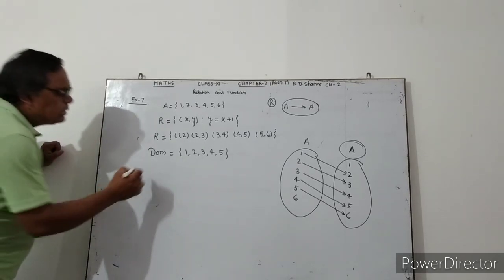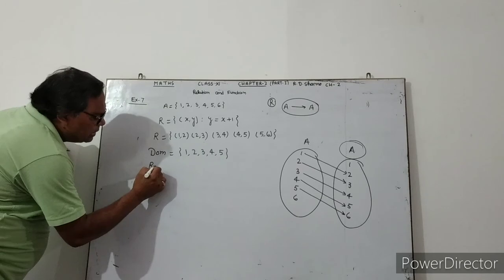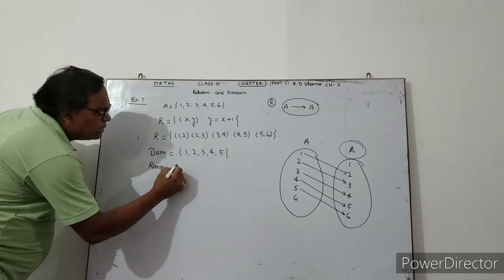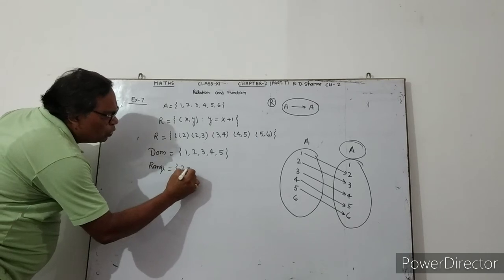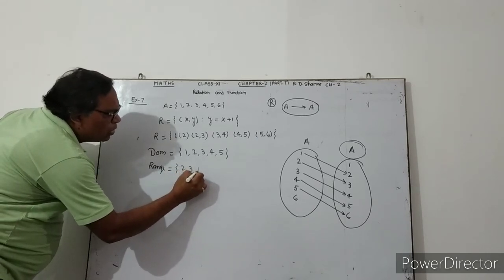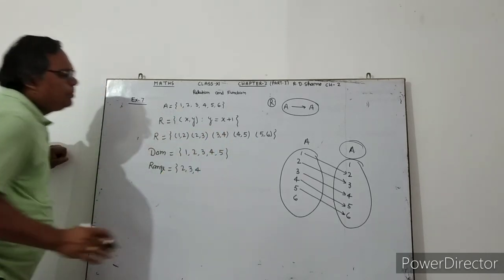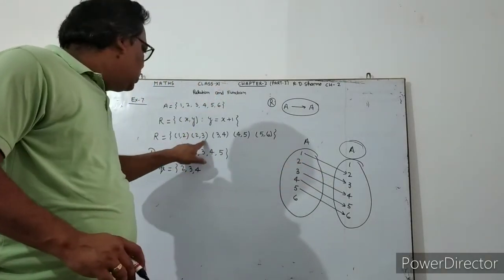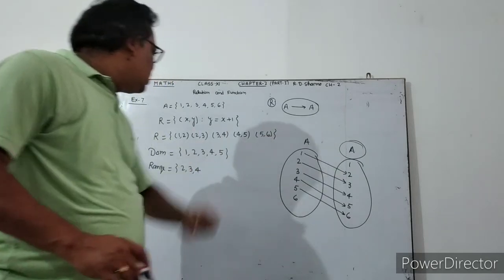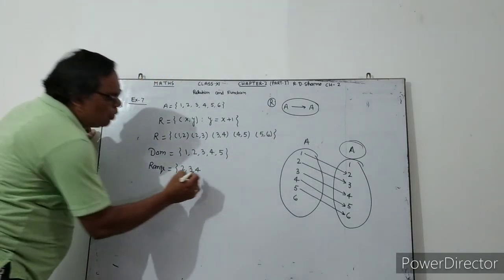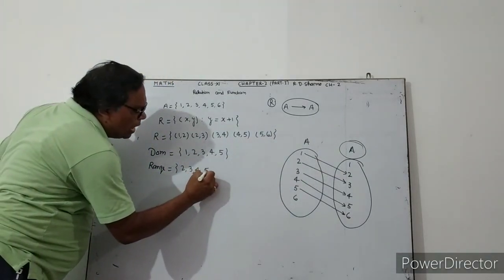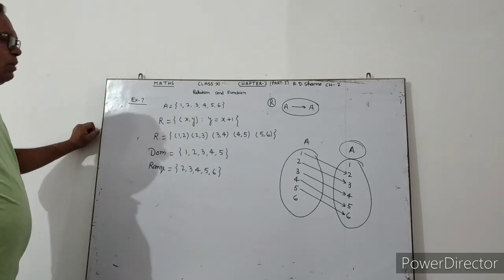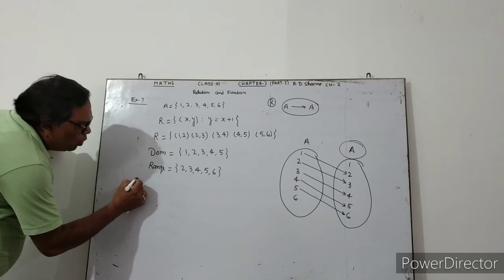Now, what is the range? The elements in the second position are 2, 3, 4, 5, 6. This is the range. Then what is the codomain?